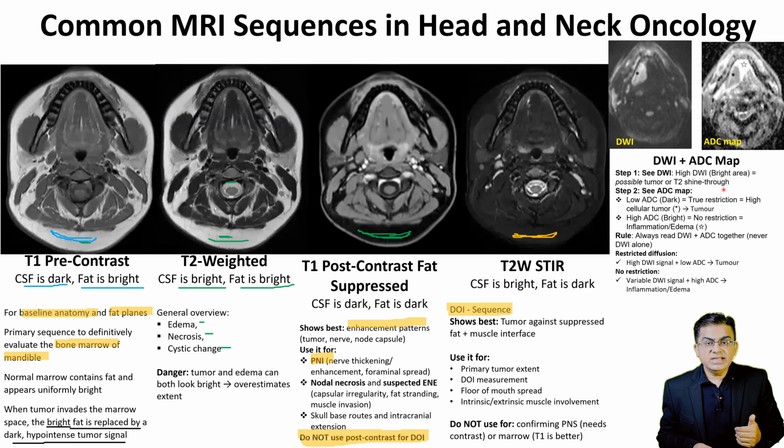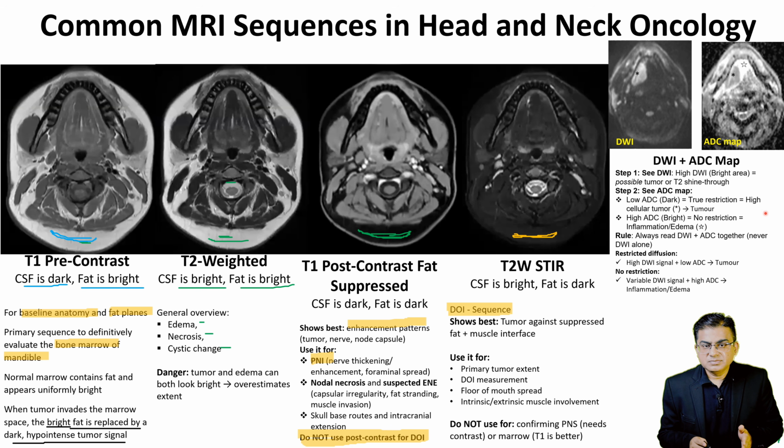We have already discussed T1, T2 fat sat, STIR and post contrast sequence. Those sequences show anatomy and enhancement. Diffusion weighted imaging and ADC add something different. They tell you about the function. They tell you about tumor cellularity and how freely water is moving inside tissue.